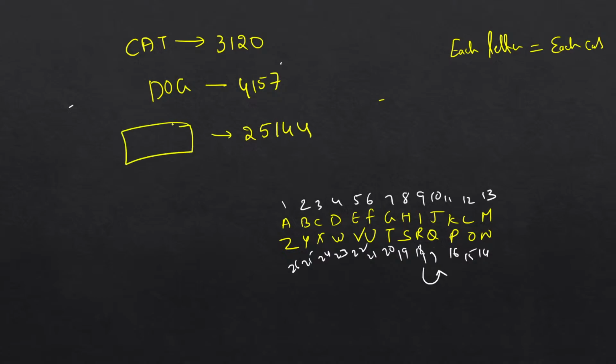Until now, whatever the problem you are solving, we are finding out numbers from the letters. But now the question here is, if you know the numbers, what will be the word? I'm repeating the question once again. In a certain code, cat is written as 3120, dog is written as 4157. What will be the decoded form of 25144?